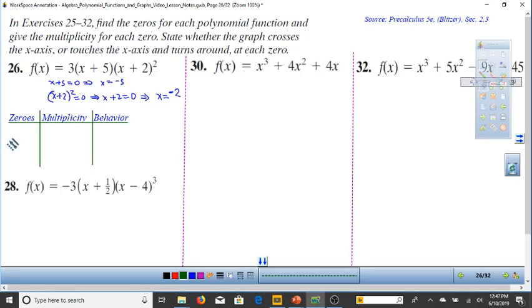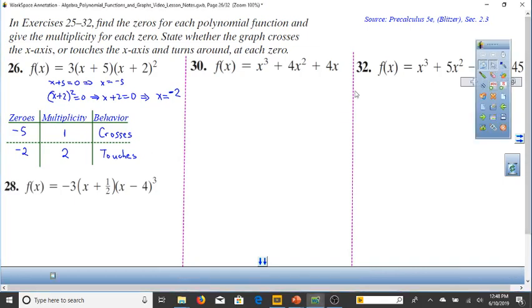In this case, we only have two zeros. So if we take a look at this, the zeros, from least to greatest, are -5 and -2. The multiplicity of -5 is 1 because its exponent is 1. The multiplicity of -2 is 2 because its exponent is 2. So what does the graph do at -5? The graph crosses the x-axis at -5, and at -2 the graph touches the x-axis. And there you have it.